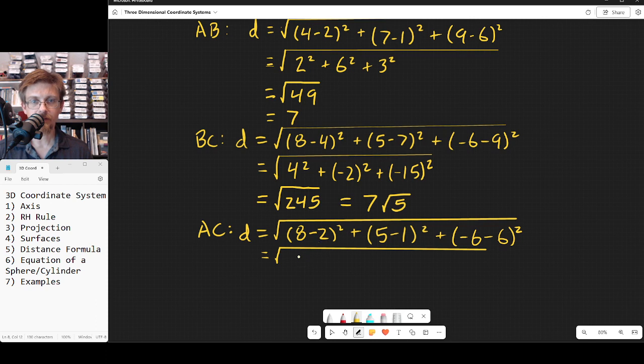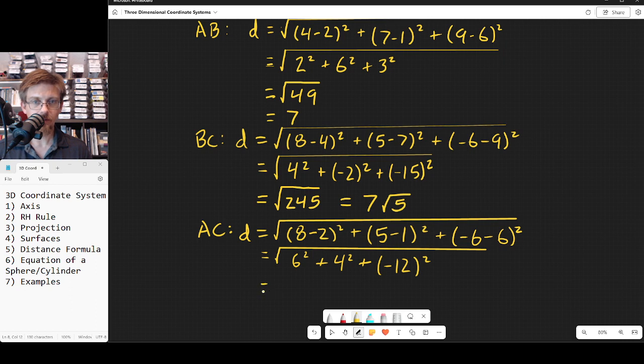So 8 minus 2 is 6, so 6 squared, plus 5 minus 1 is 4, so 4 squared, and then negative 6 minus 6 is negative 12. So negative 12 squared.